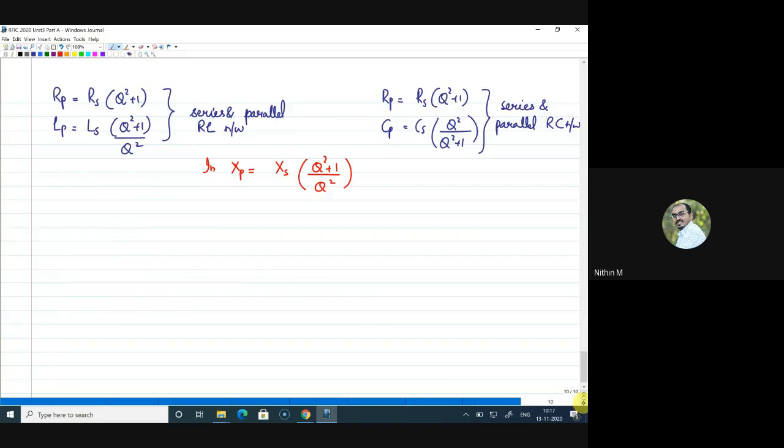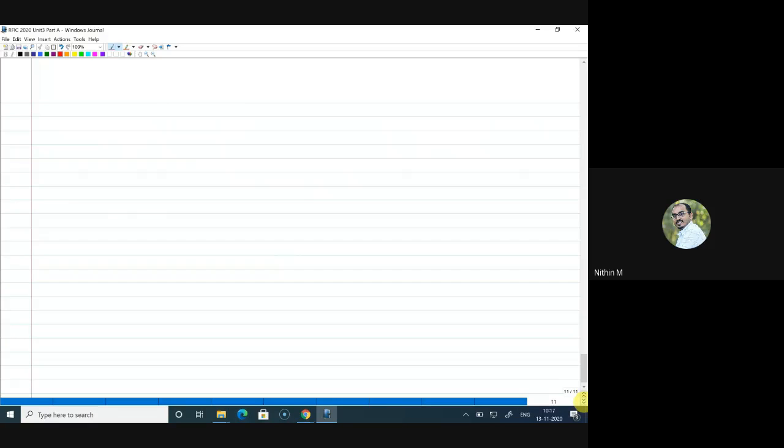My need here is, I have a resistance, say I'm calling it RL, and I need to match this resistance value to some other resistance value.